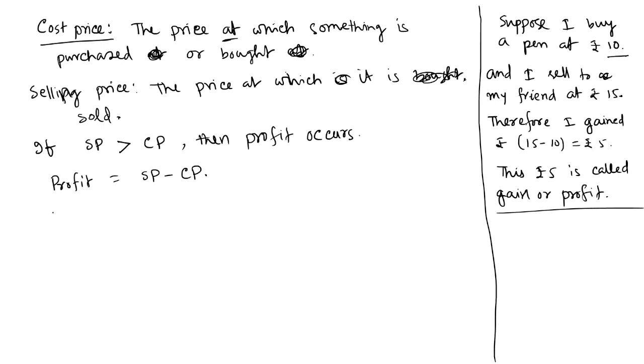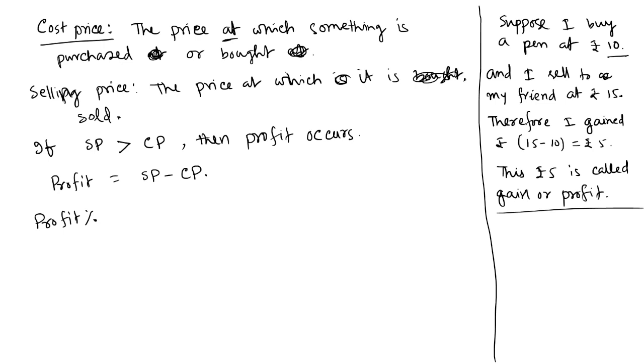And now what is the profit percent? Profit percent is the amount of profit if the cost price is 100. Suppose the cost price is 100, then the selling price, let's say 120, then I have 20 rupees extra.